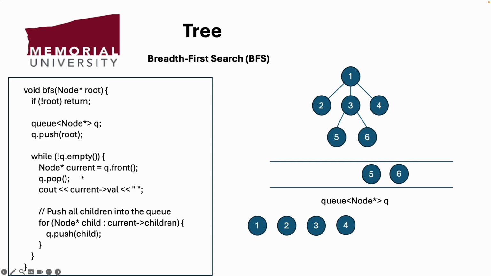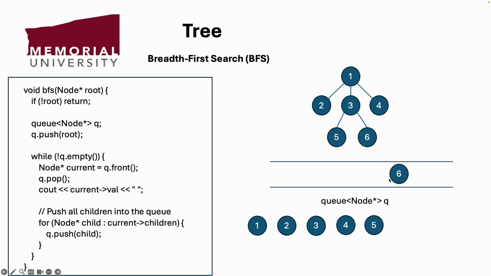We pop node 5 and it's displayed here. Then we check whether node 5 has children or not. There are no children for node 5, so the for loop is not applied. We keep going with the while loop.